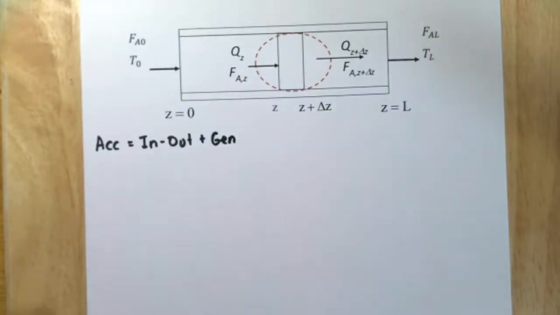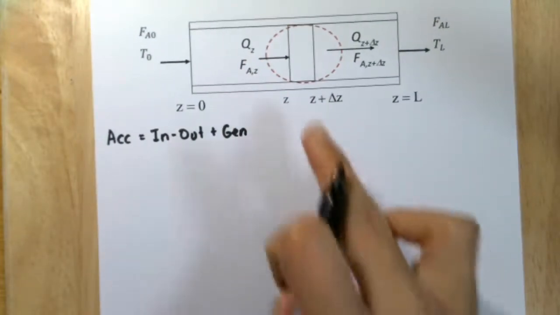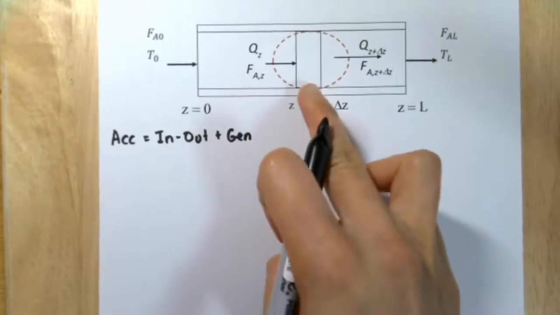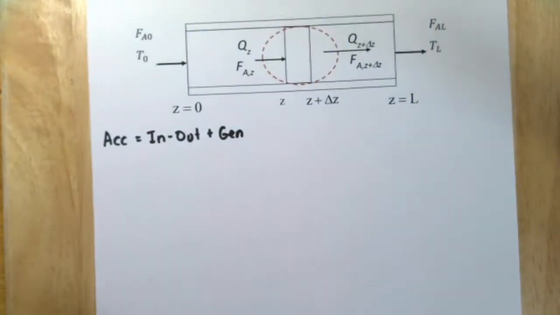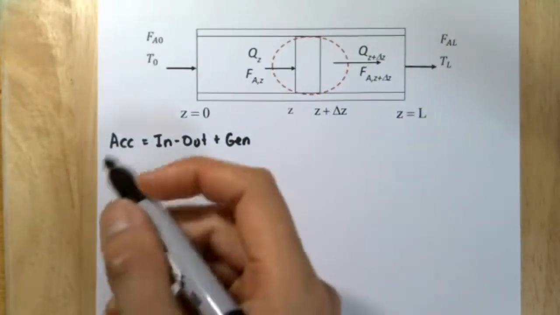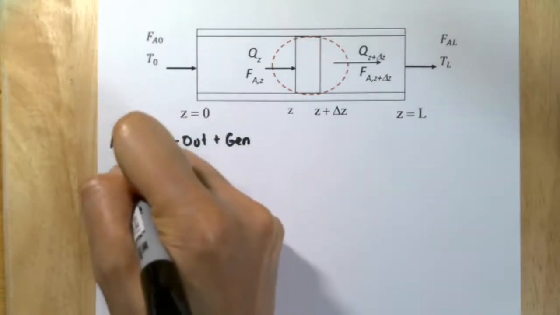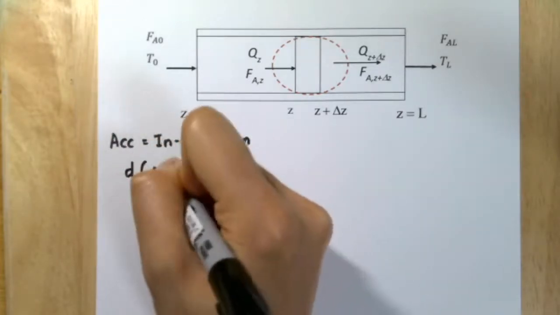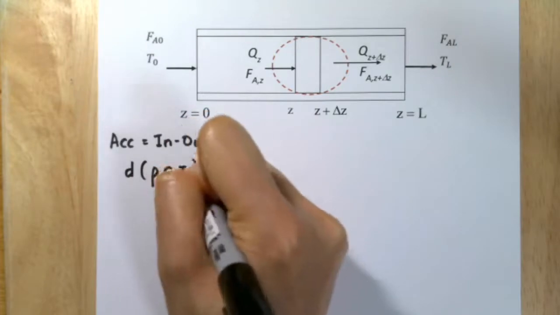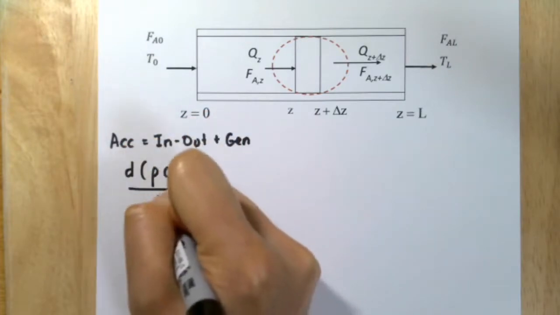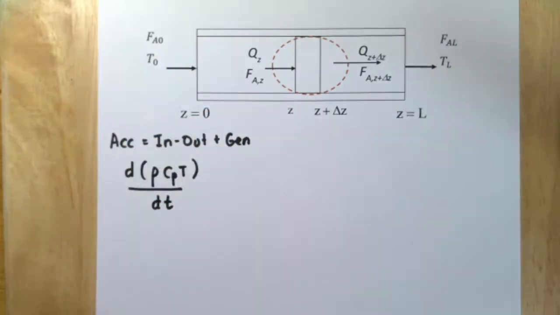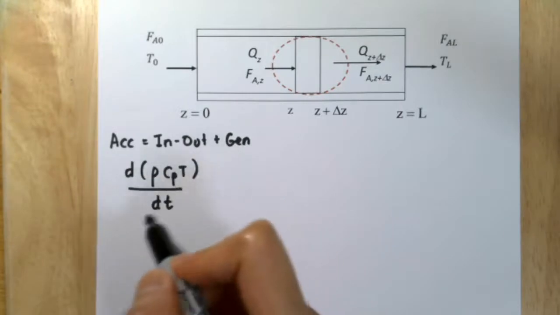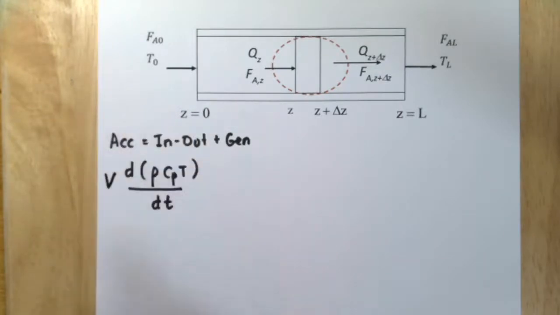The accumulation term is the change in energy inside the control volume, and we can write that as d of rho Cp T dt. Okay, so this is per unit volume, so we need to multiply this by the volume of the control volume, V.